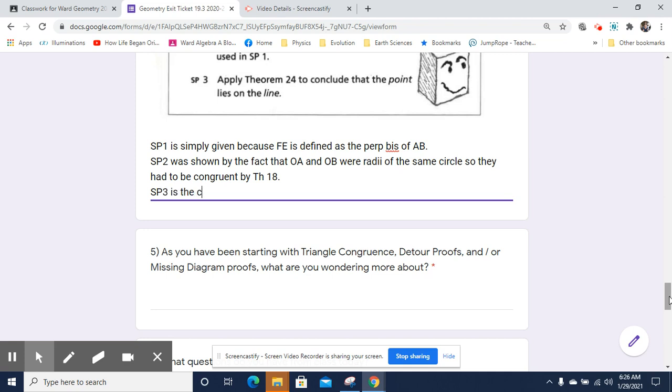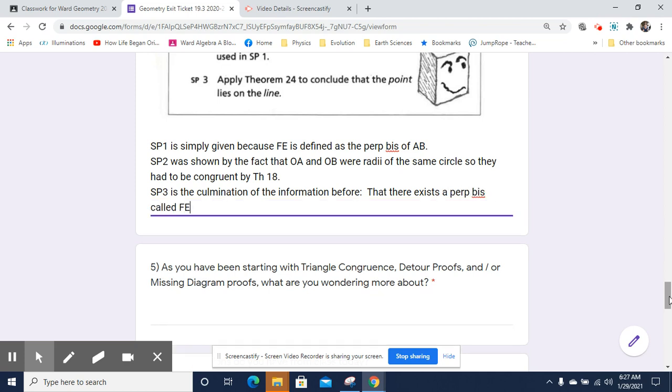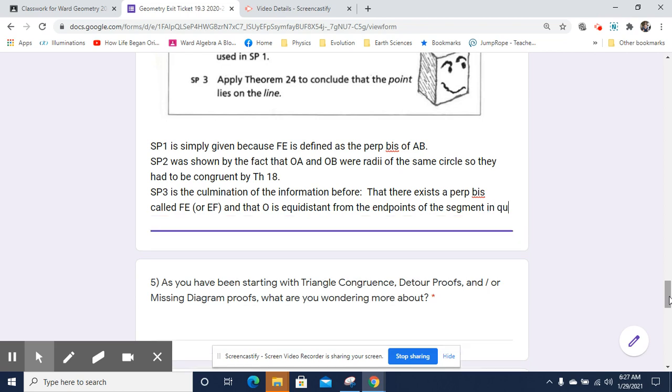SP3 is the culmination of the information before that: there exists a perpendicular bisector called FE, or EF if you prefer, and that O is equidistant from the endpoints of the segment in question.